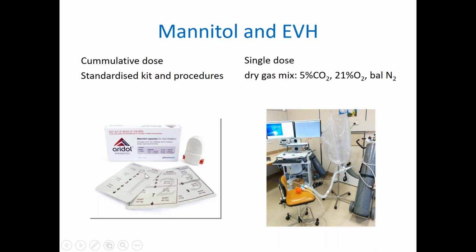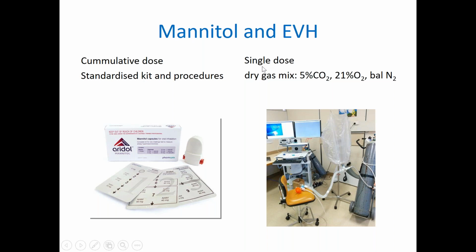So you start off with a single capsule that has 0 mannitol in it. If you see no change on that dose, you then give a single 5 milligram dose, 10 milligram dose, 20 milligram dose, and then you get up to 40 and 160 milligrams in the end. After each dose is given, we repeat spirometry and see if there's been a fall in FEV1.